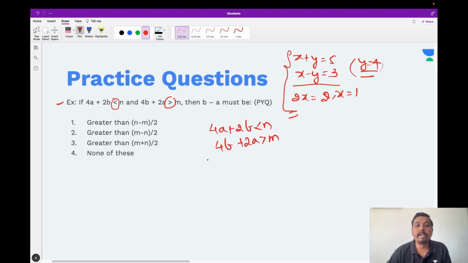The only thing you need to remember while performing mathematical operations on inequalities is that both the signs should be of the same kind: either both greater than or both less than, or greater than or equal to, less than or equal to. You cannot have two different symbols and then do a mathematical operation. No, sir, it's not possible. So what we are going to do here is, let me do it from here, 4a.